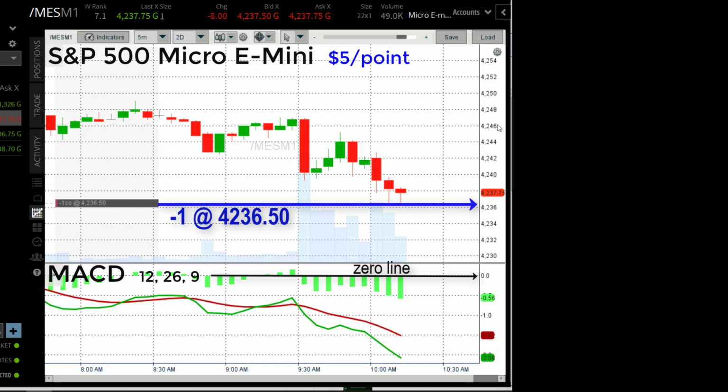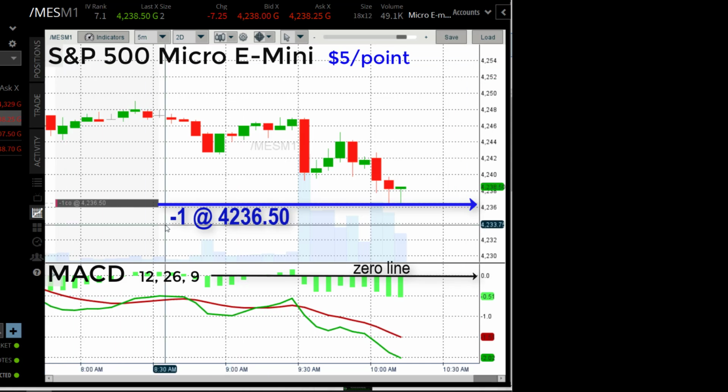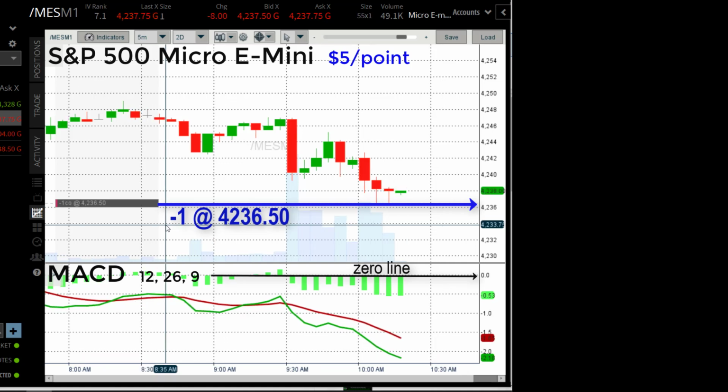But the trade starts to tick up and stall just a little bit. But it's only been like a minute or a minute and a half into the trade. We're down $7.50 now, I think. And the black arrow there is 10:13.